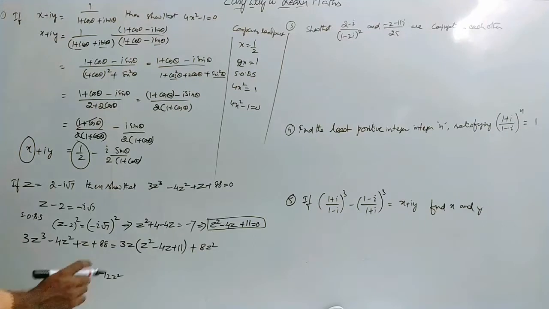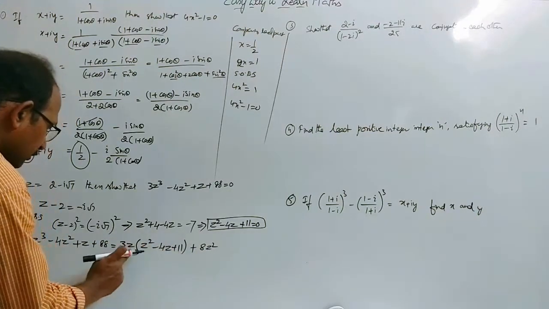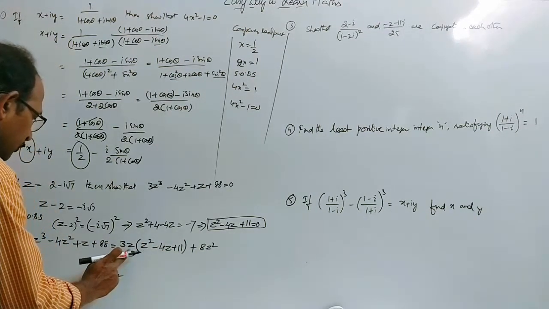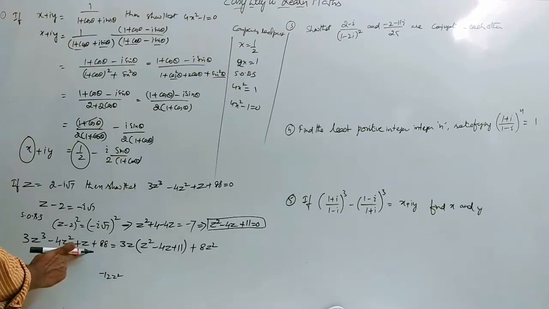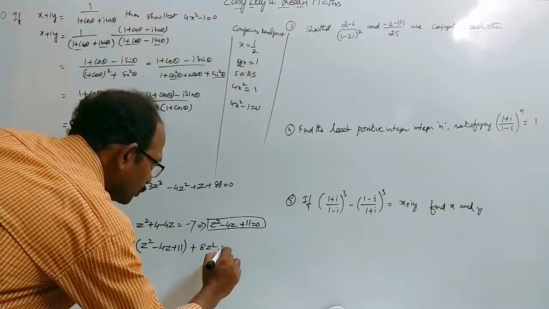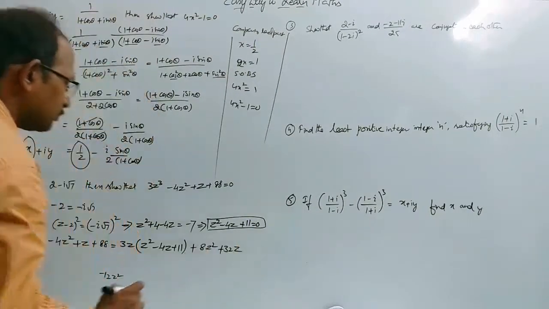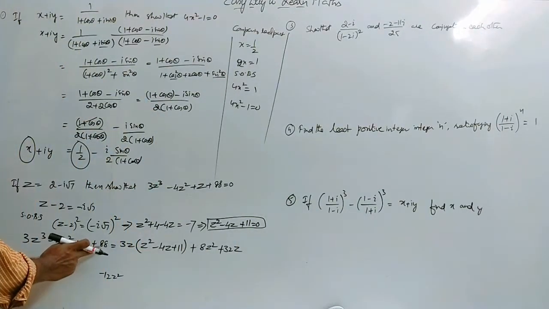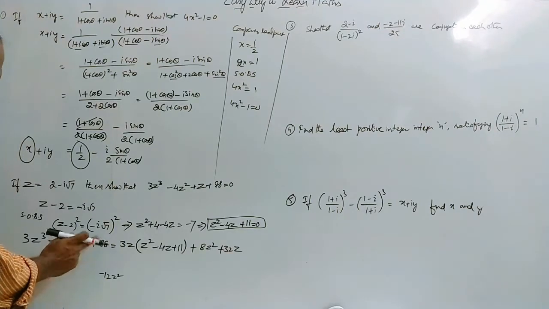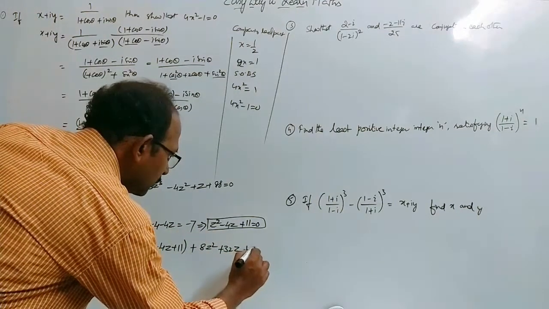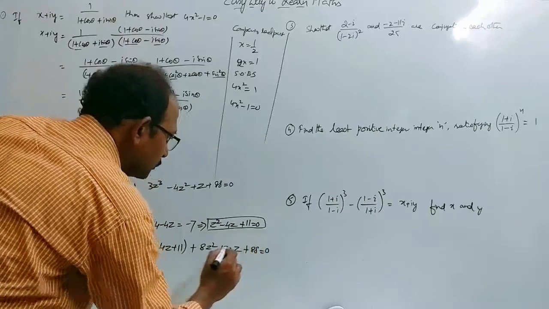And again here 33z, but actually here only 1z, therefore plus 32z, and the remaining constant is 88, plus 88 is equal to 0.